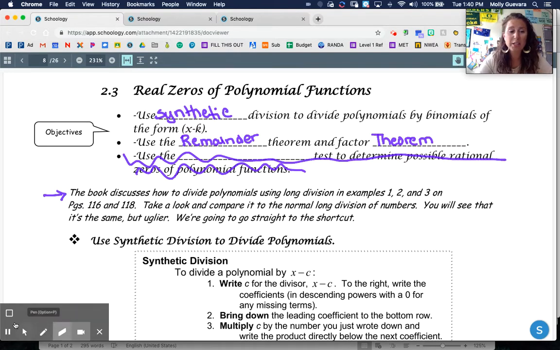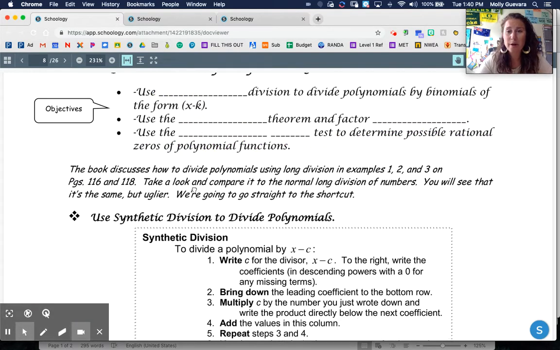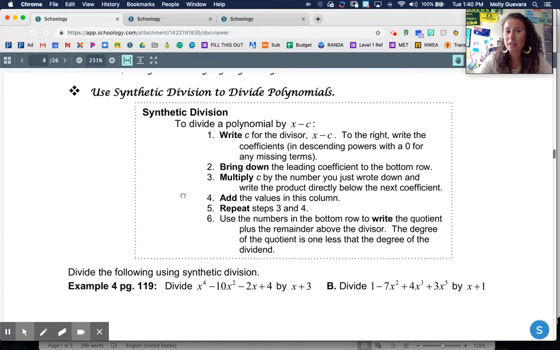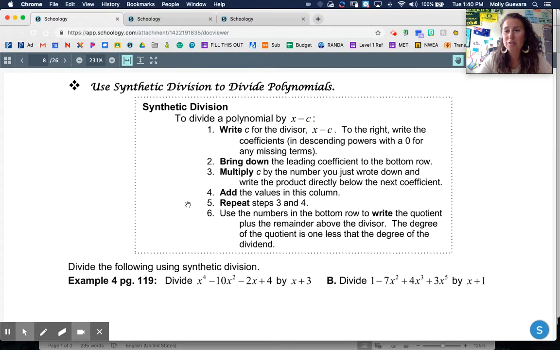So we're just going to do the easy one. Don't worry about the longer, more ugly long division unless you are absolutely dying to know how to do it. Real quickly, we're going to talk through the steps of using synthetic division, but I have a feeling it's not going to make any sense until we actually do a problem.